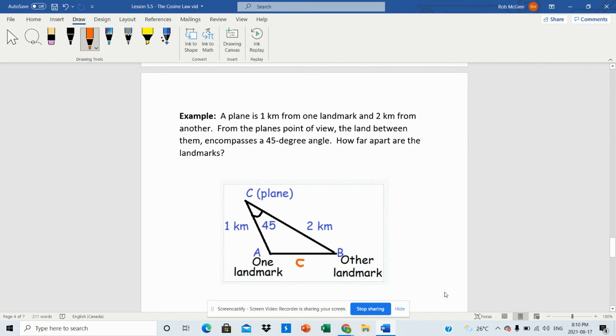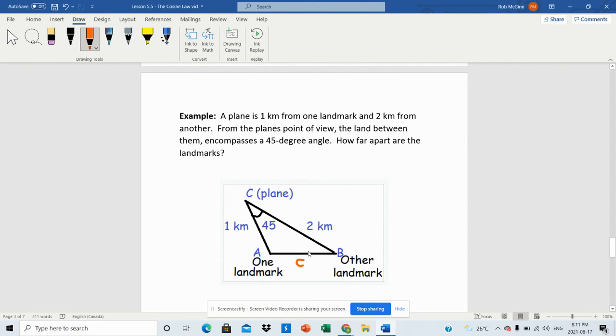So, we can see here the plane is 1 kilometer to one landmark, 2 kilometers to the other landmark, and the angle that encompasses this entire area is 45 degrees. What we want to know is how far apart are these landmarks, so we want to find side C here.